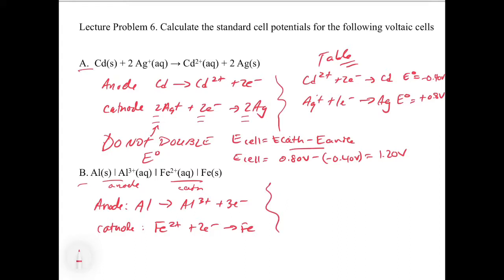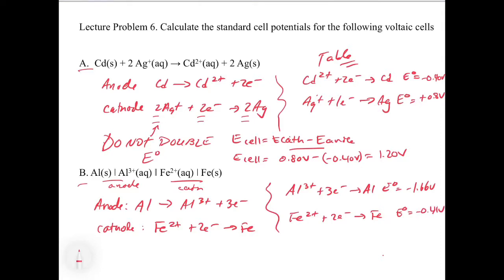So if you go to the table, when you have aluminum 3 plus plus 3 electrons gives aluminum, the E naught for that is equal to negative 1.66 volts. And then for iron, Fe2 plus plus 2 electrons gives Fe, E naught is going to equal minus 0.41 volts.